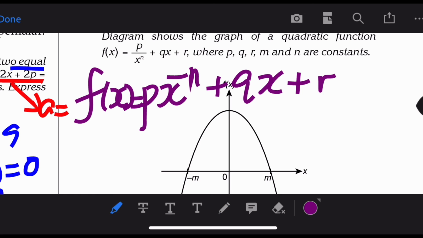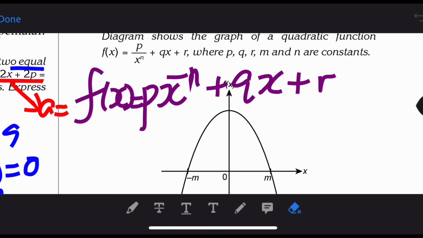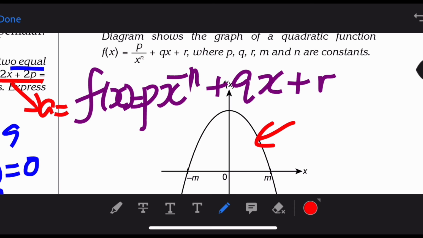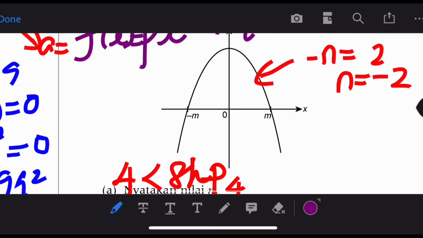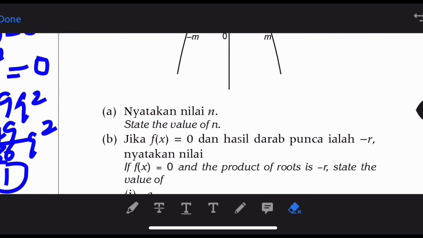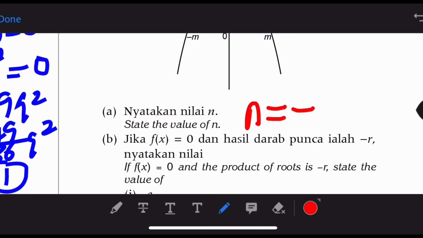If I look at this one, it seems like the shape is an n shape. For a quadratic equation, the power must be equal to 2. That means n should be negative 2, right? And then, what is the question asking? The value of n is negative 2.